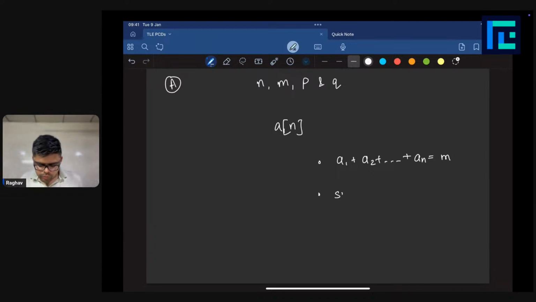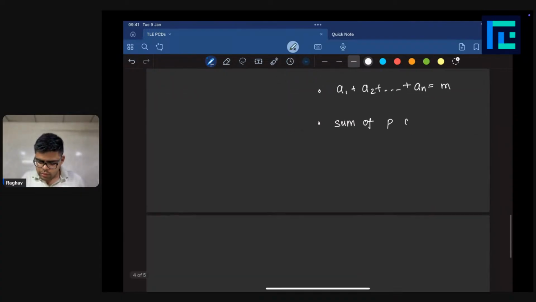So the sum of p consecutive elements should be equal to q.